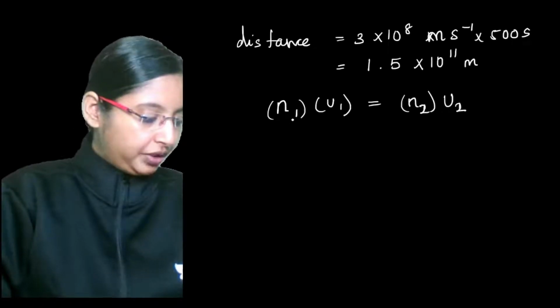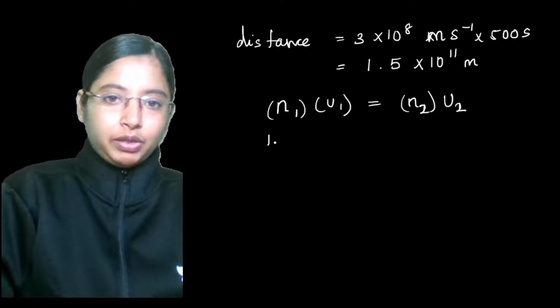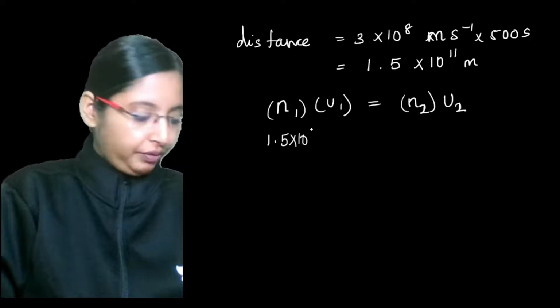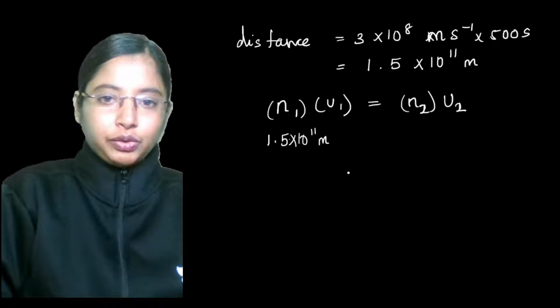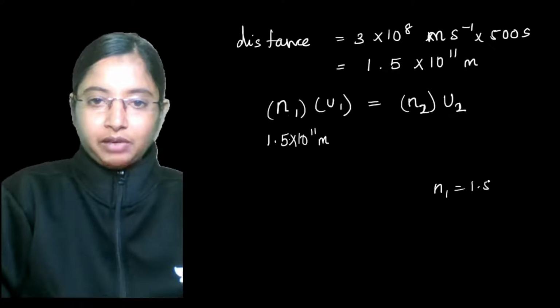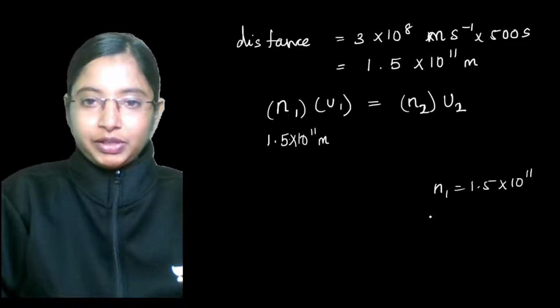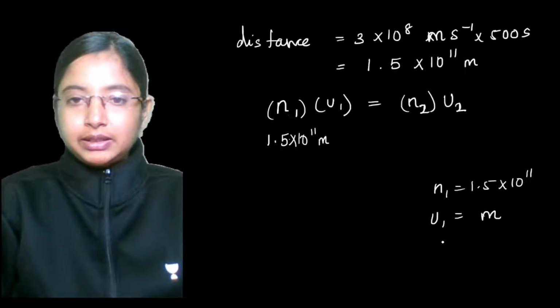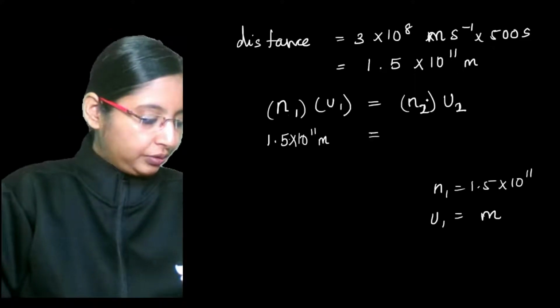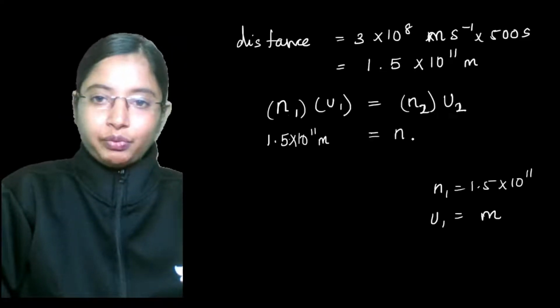What is N1 over here? N1 is nothing but 1.5 into 10 to the power of 11 meters. N1 is the numerical value. This is a concept we learned earlier. U1 is meter. What about N2? N2 is what we want to find out.